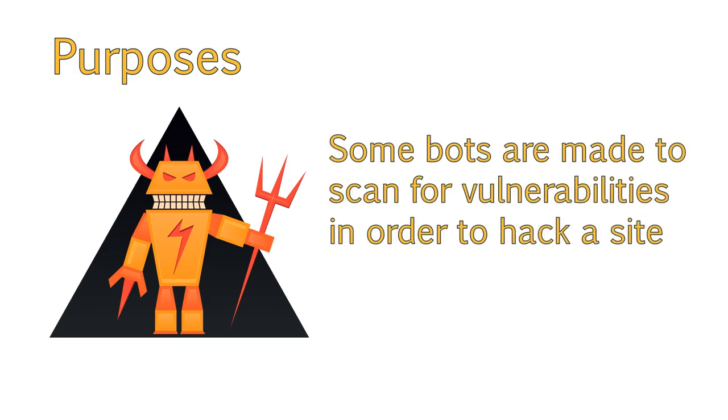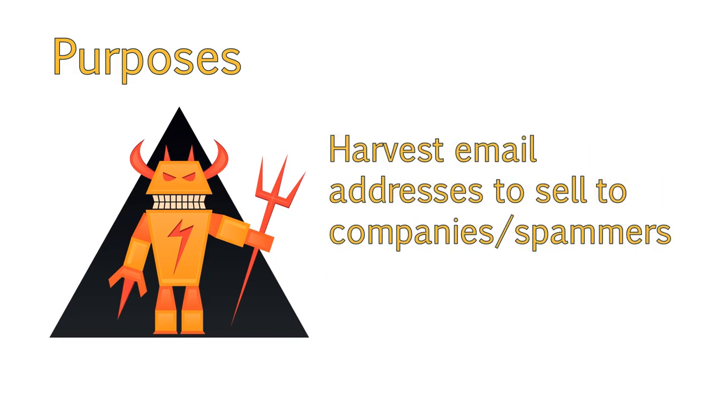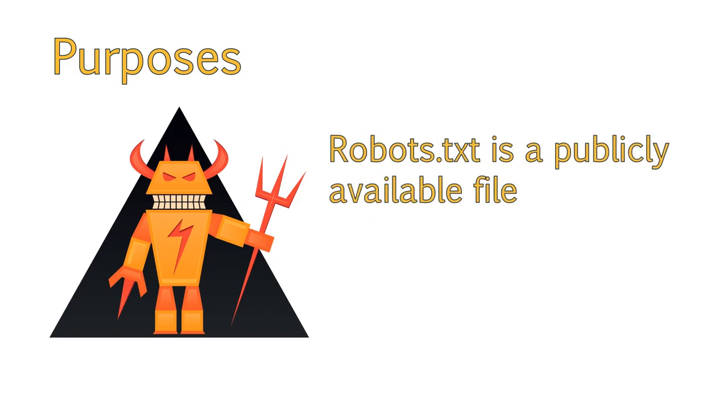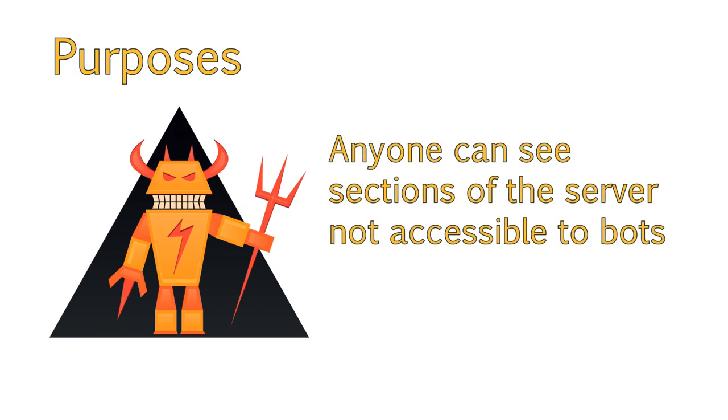Some robots are created to scan the web for vulnerabilities so people can hack into a person's website. Other robots will crawl websites and harvest email addresses to sell to companies or spammers. Also remember that robots.txt is a publicly available file, meaning anyone can see what sections of your server you do not want robots to access.